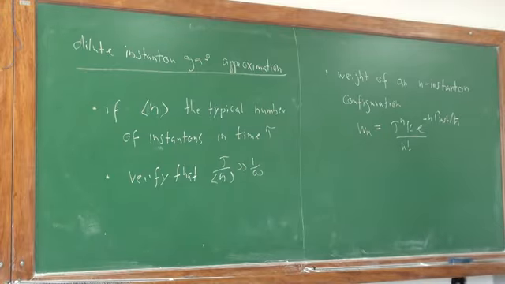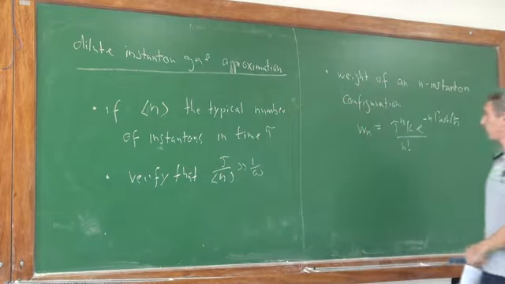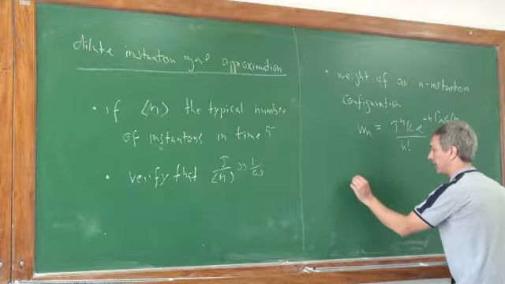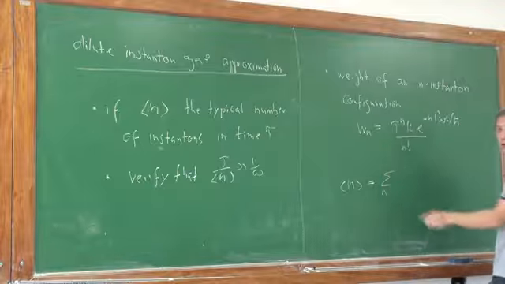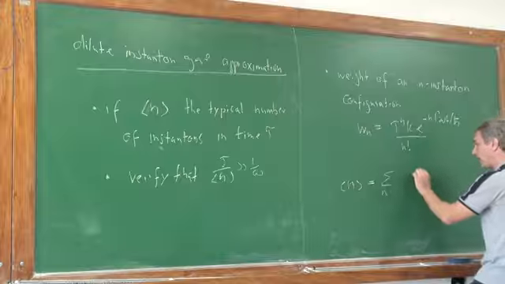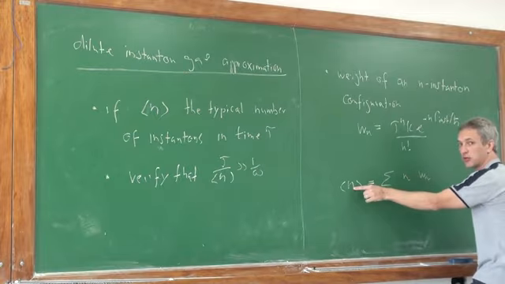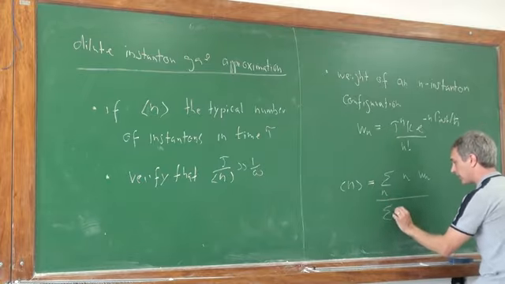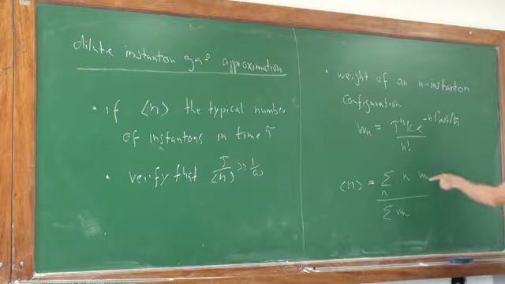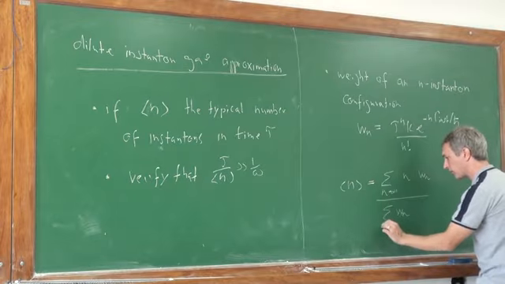okay, so if we want to calculate the typical number n, we just have to take the average, the sum over all possible configurations. A configuration with n instantons has a weight Wn, and contributes to this average by n. Now, to normalize this, we have to divide by the sum over the weights. Okay? And in principle, we should sum only over the odd contributions.